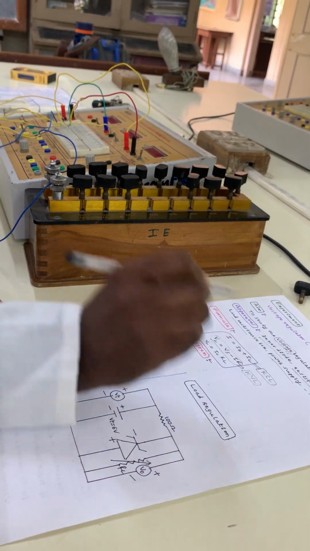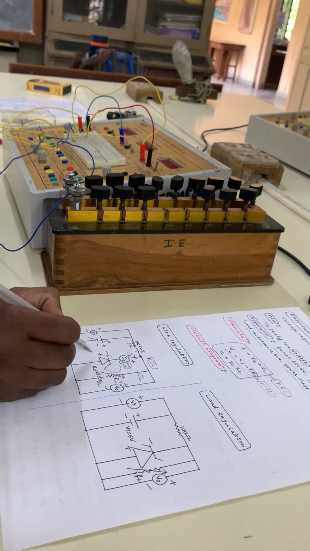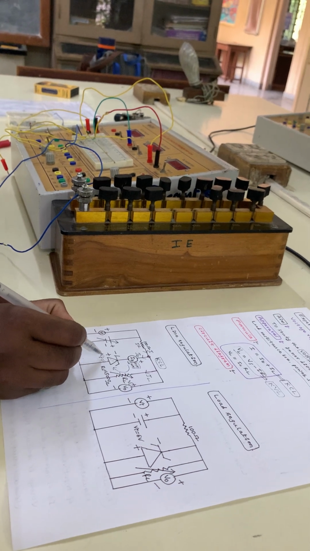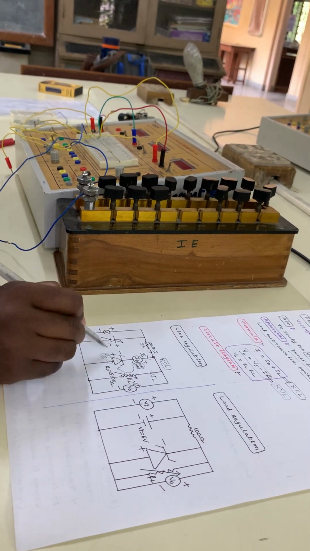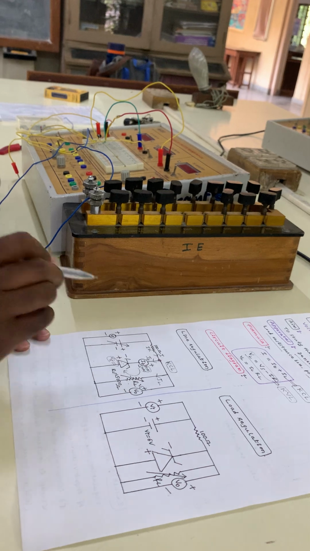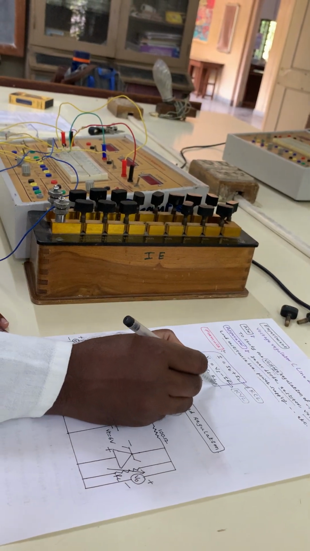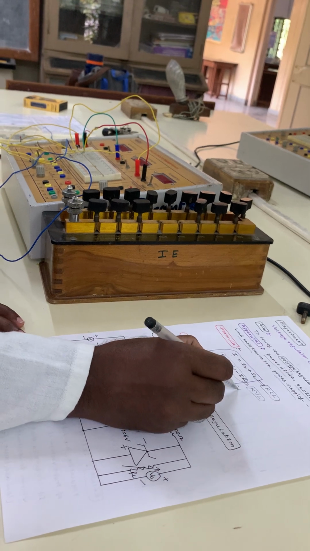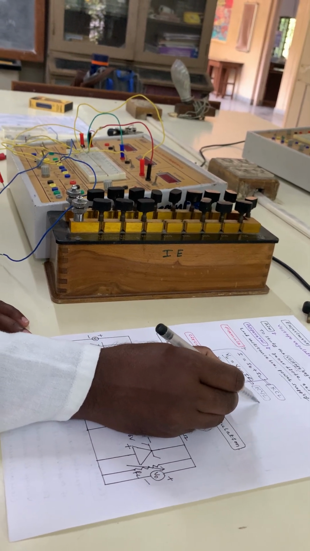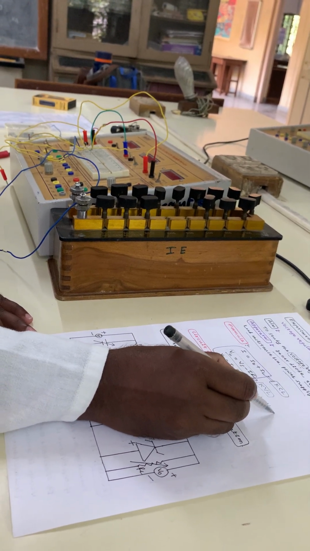Here Vz is equivalent to VL. What is VL? VL is equal to IL into RL. This voltage we call the load voltage.